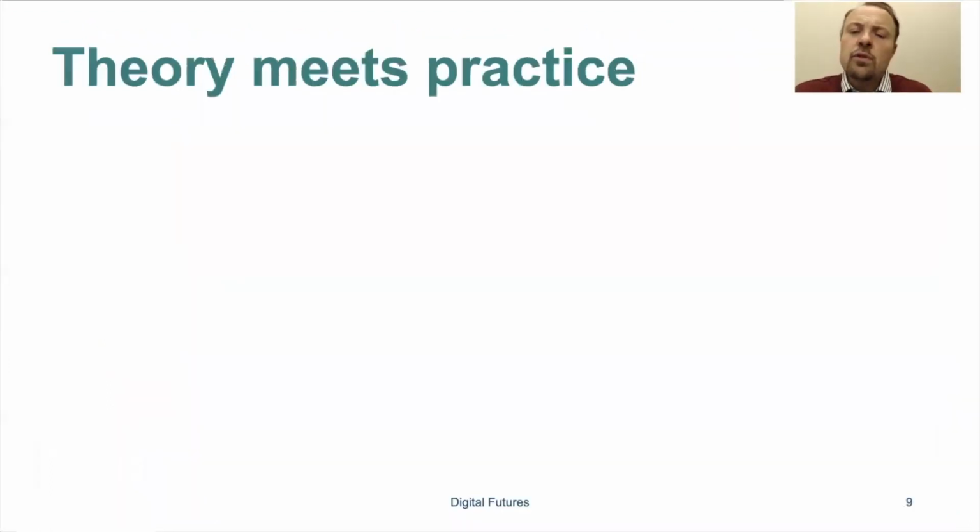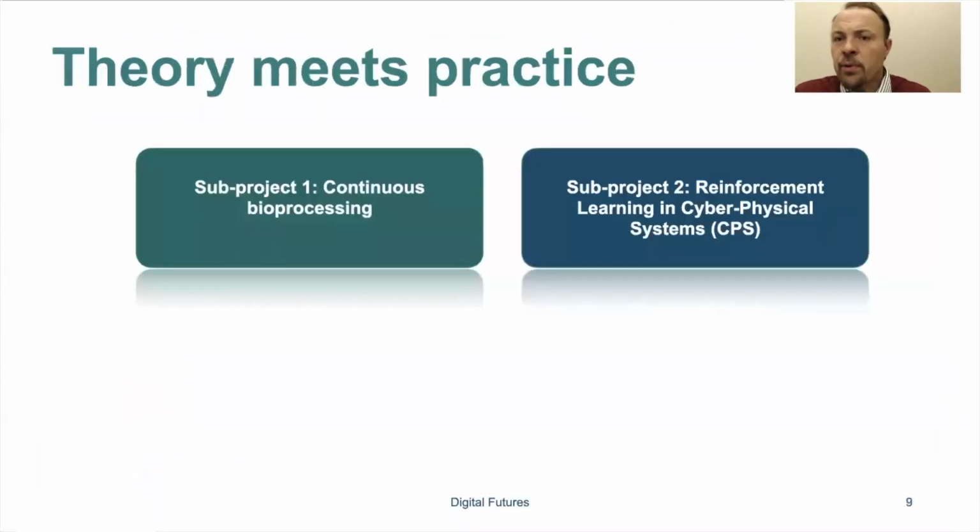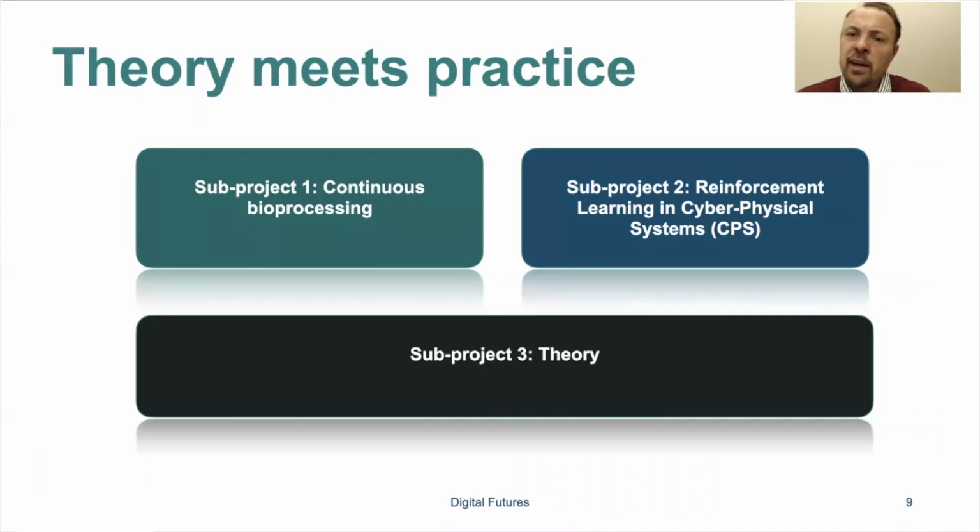So these two sub-projects, continuous bioprocessing and reinforcement learning of CPS, are application domains. We have a third project where we develop the theory around this that is then put in practice in the two different application areas. And now my colleagues are going to present each of these sub-projects one by one.